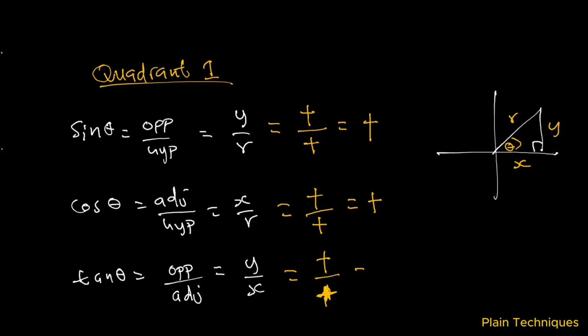Now, what does it mean? Positive over positive, which is positive. Now, the conclusion here is that all of these trigonometric functions are positive in the first quadrant.